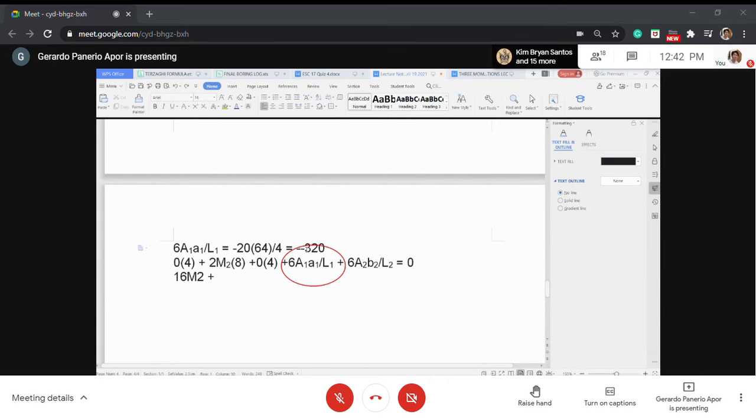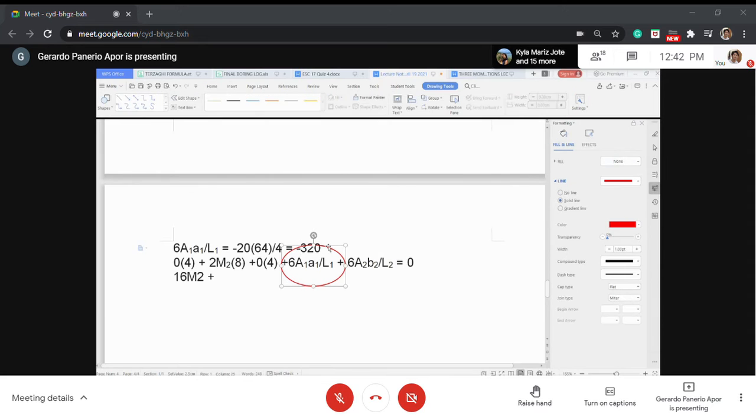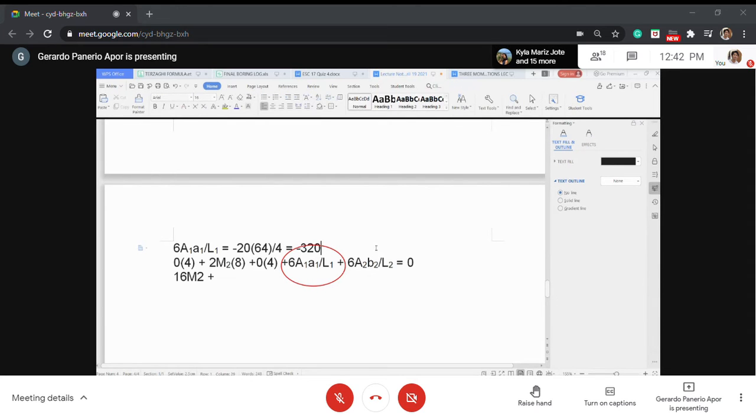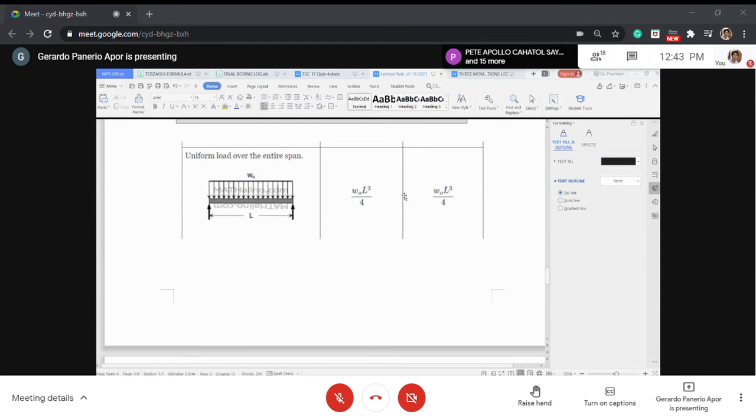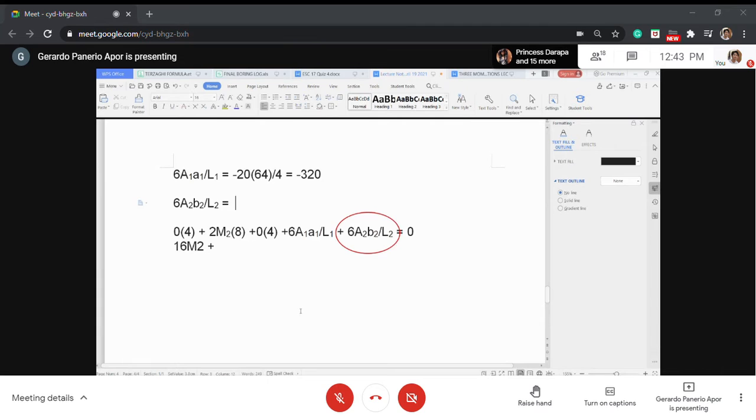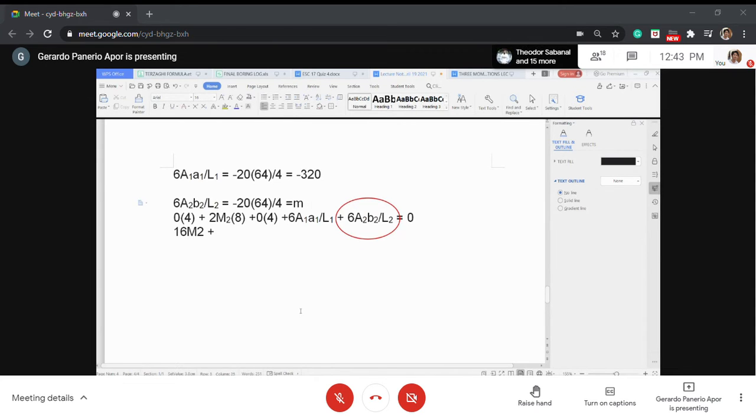Okay, negative 320. Now, let us see the unit. We will not consider the unit. And 6E2 times B2, we determine that one. We will use the equation. I think they will have the same. Negative 20 times 64 divided by 4 is equal to minus 320 again.